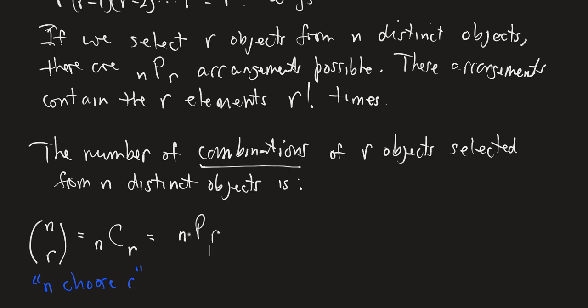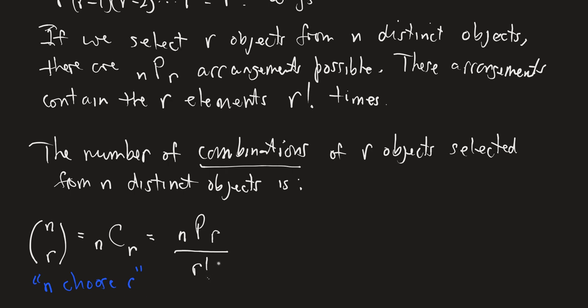We don't want to distinguish between ABC and ACB. So we have to divide by how many times that selection shows up. That selection shows up R factorial times, so we have R factorial in our denominator.